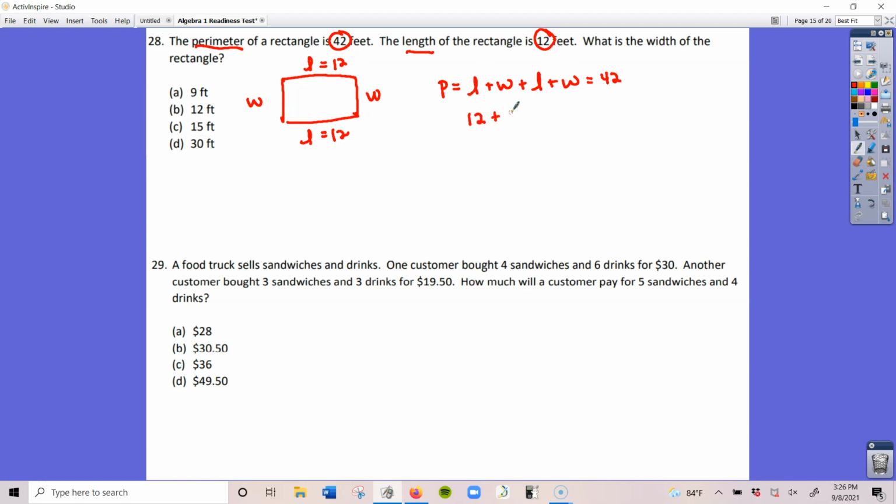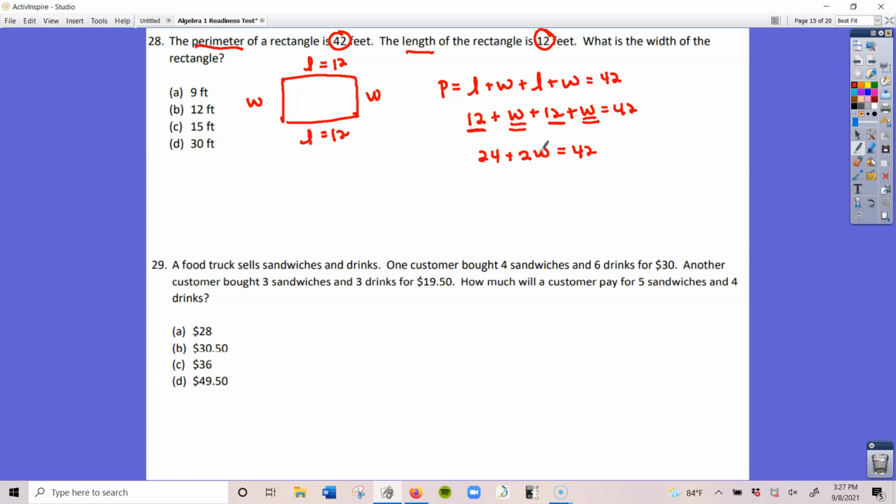So we have 12 plus W plus 12 plus W is equal to 42. Now let's combine like terms on this left side. We have 12 plus 12, which is 24. Then W plus W, there's two W's, so 2W equals 42.